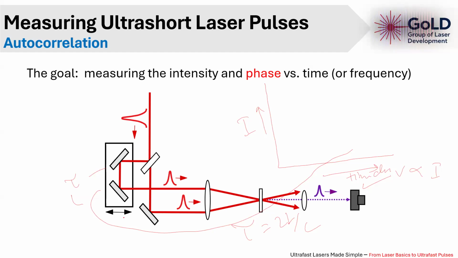So we move this translation stage a bit and we calculate this value, and then again move and calculate, and then again move and calculate, and we write all these values here in small steps.